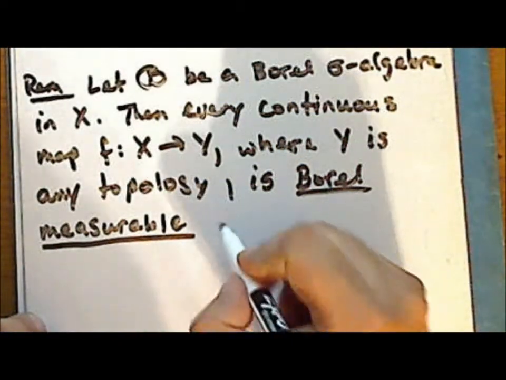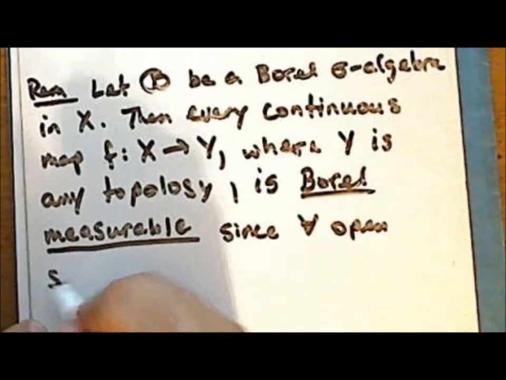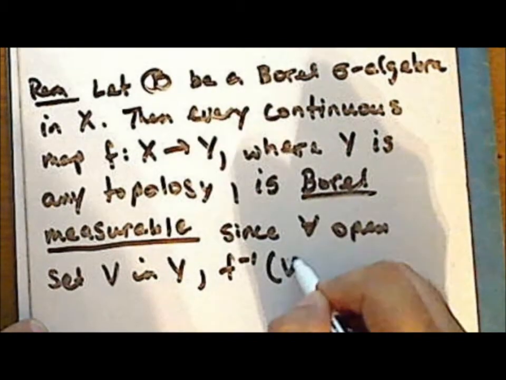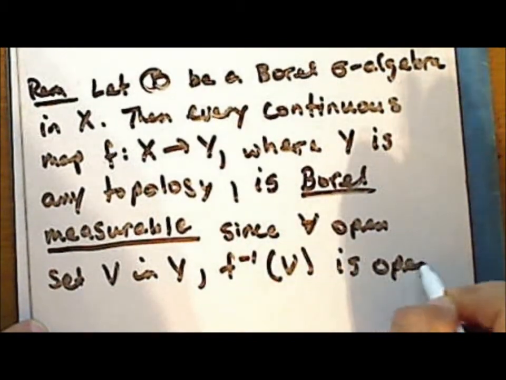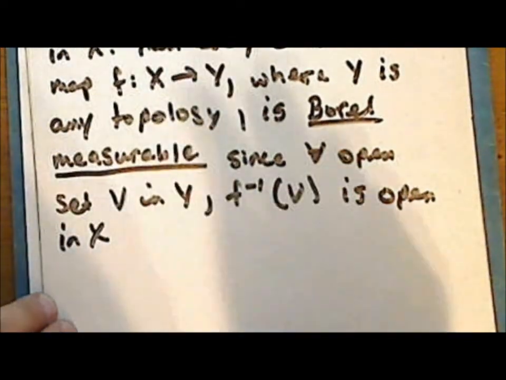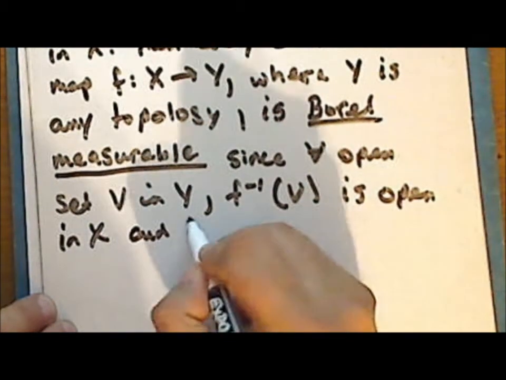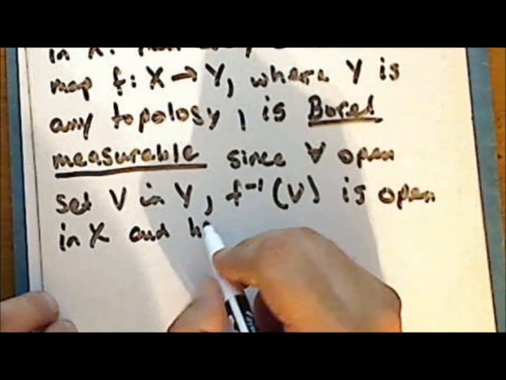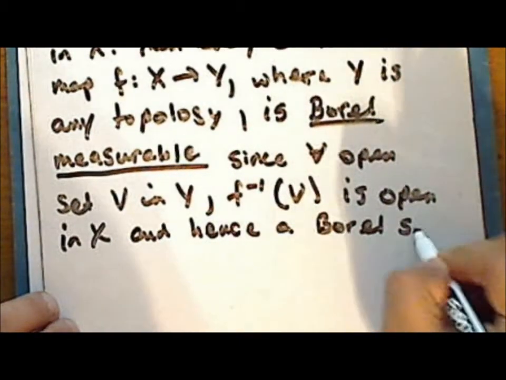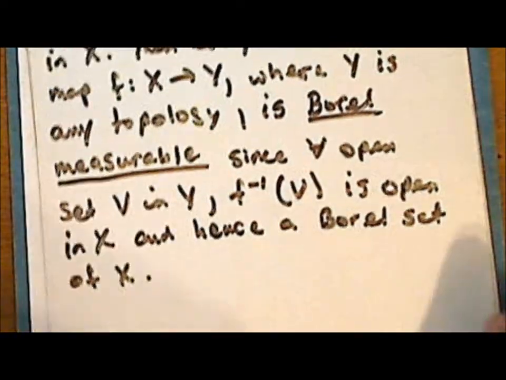And this is true since for every open set V in Y, the inverse image of that open set is open in the space X, as the function f is continuous, and as it is an open set in X, it is therefore a Borel set of the space X. All right?